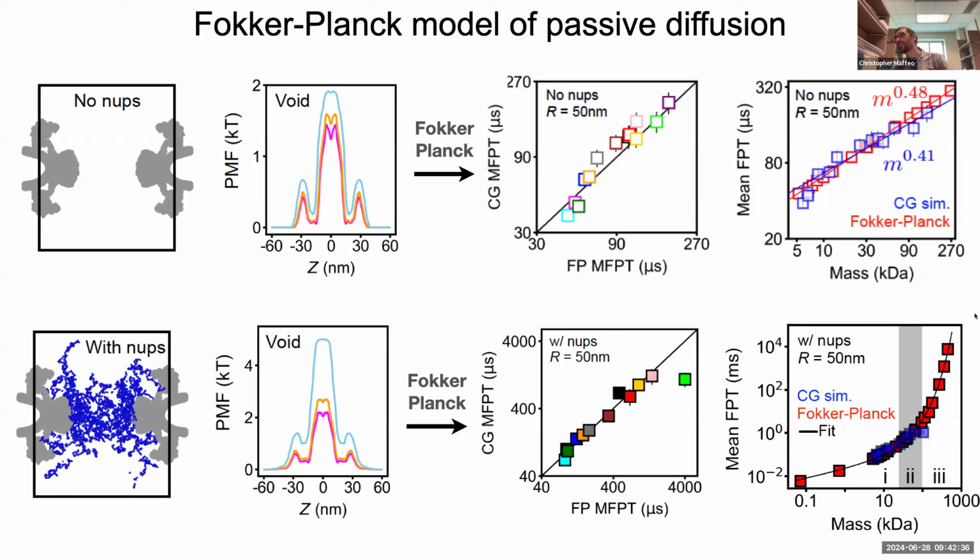What we see is that for very small mass proteins, the mean first passage time scales almost linearly, and then there's a switch towards something exponential for larger cargos. That basically means that there's a size cutoff almost. I mean, there's a transition region, which is shown in gray here, but large cargoes are effectively excluded from passing through the nuclear pore complex.